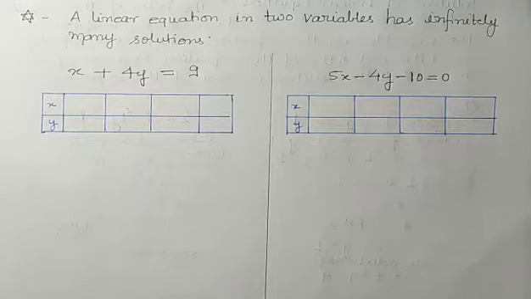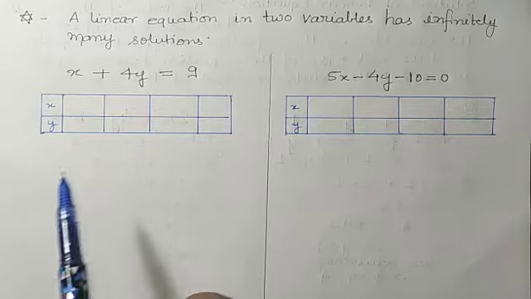If someone asks you how many solutions a linear equation in two variables has, it will have infinitely many solutions, means it is uncountable, students. So you can say that a linear equation in two variables has infinitely many solutions.